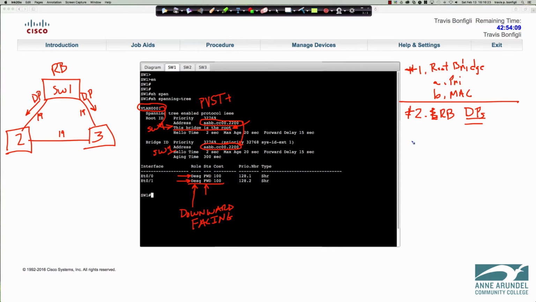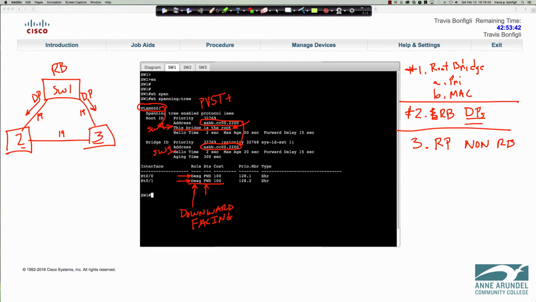Now, the next thing that we do is we say, what are the root ports on the non-root bridges? Well, 2 and 3 are not the root bridge. Switch 1 is. So the root port is the port that is closest, and by closest I mean has the lowest cost to get to this root bridge.